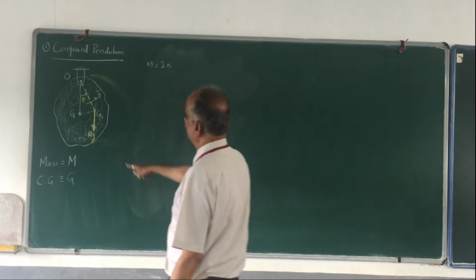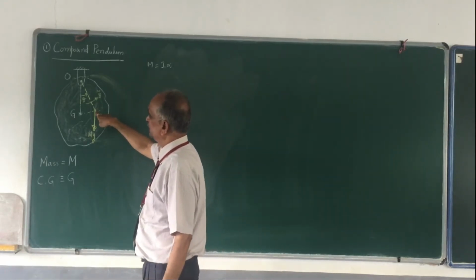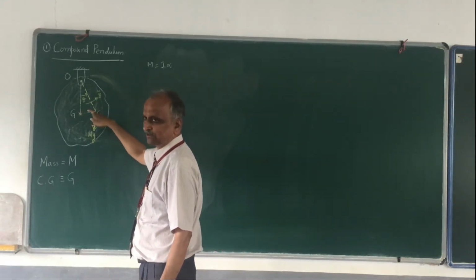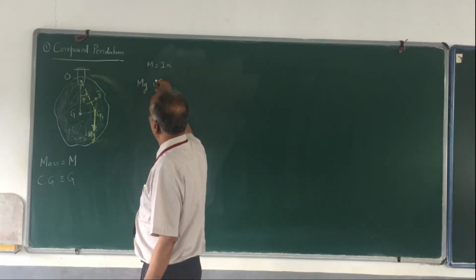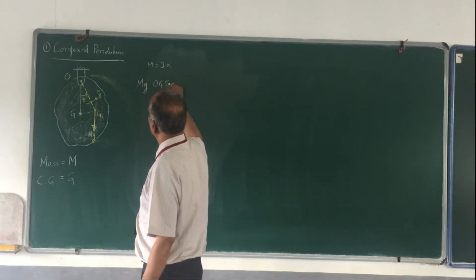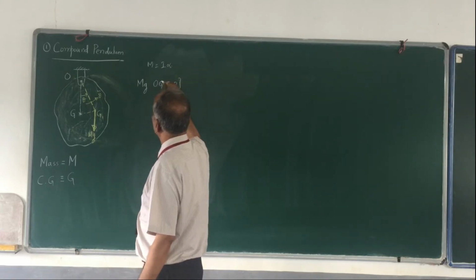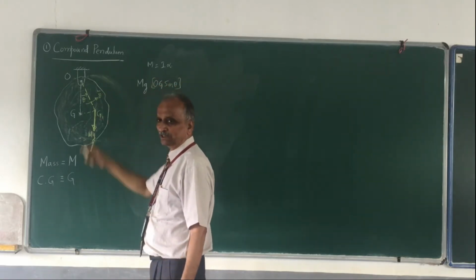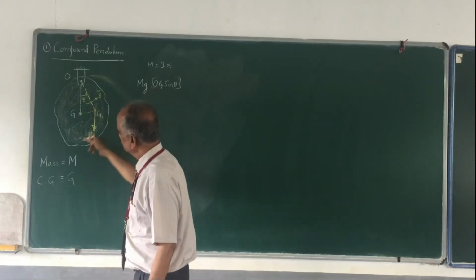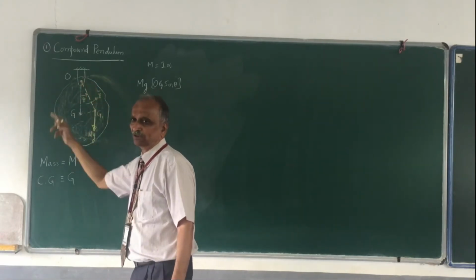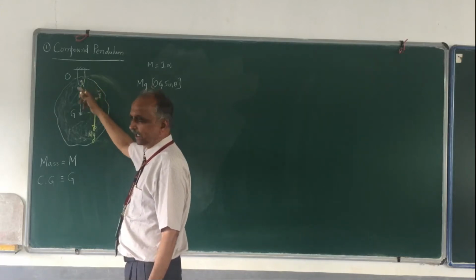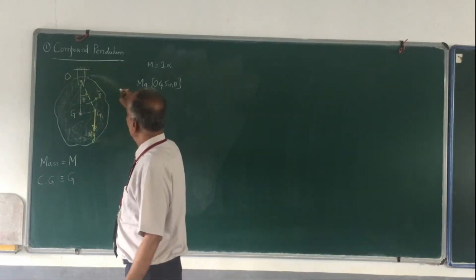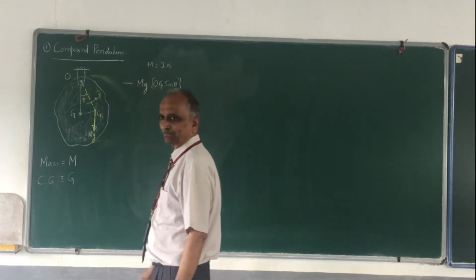I have only one moment: mg multiplied by this distance, mg multiplied by OG sin theta. Let me decide whether it is positive or negative. This moment about O is in the clockwise direction. My theta double dot is anti-clockwise, that is positive. Therefore this is minus.